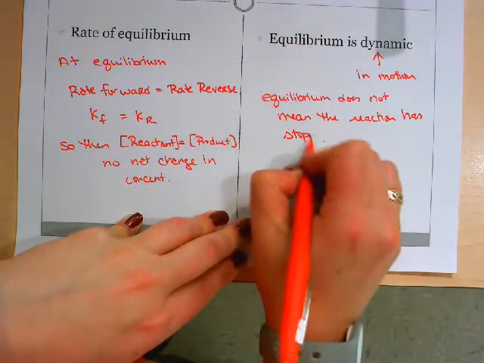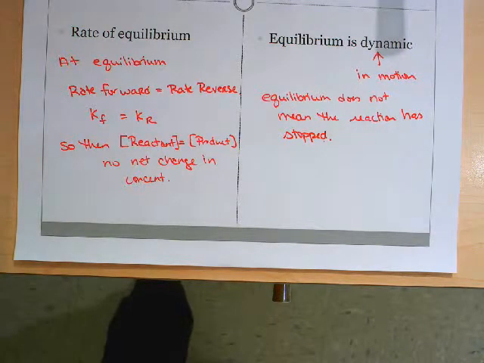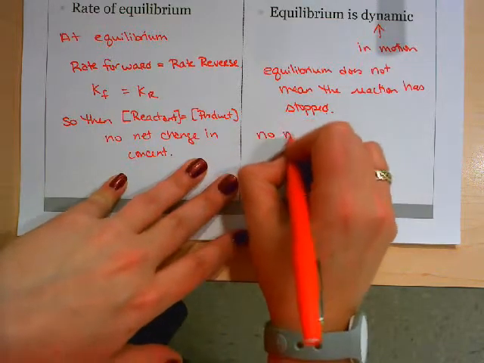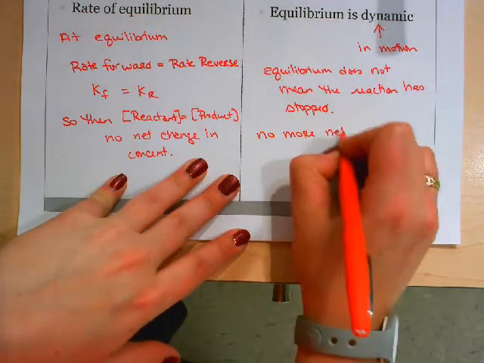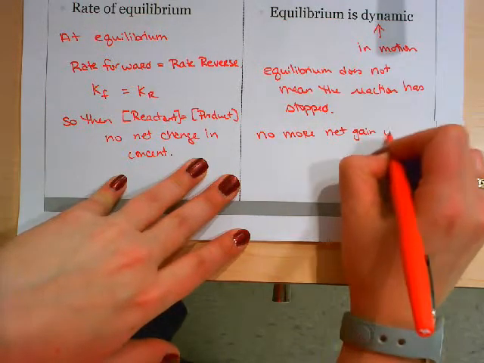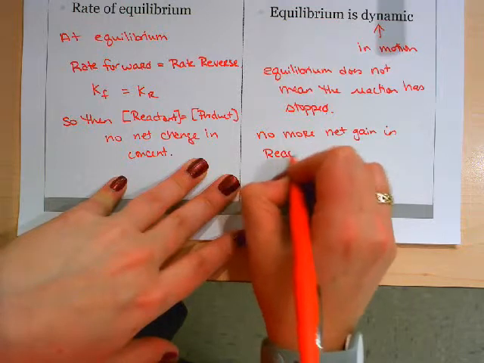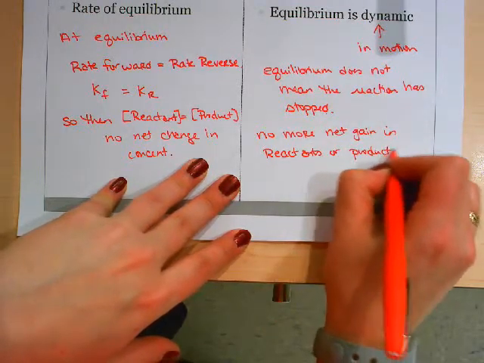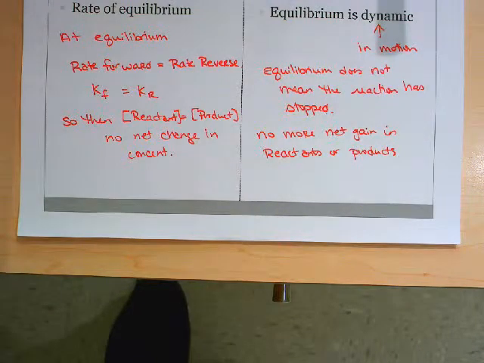Alright, so equilibrium does not mean that the reaction has stopped. It just means there's no net gain in reactants or products. Right, when you imagine a reaction starting, you make a lot of products really, really quickly.